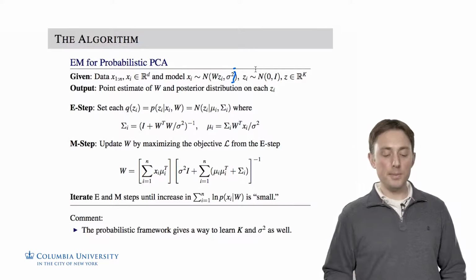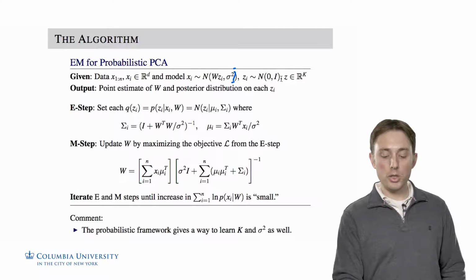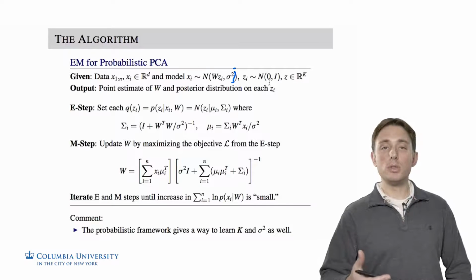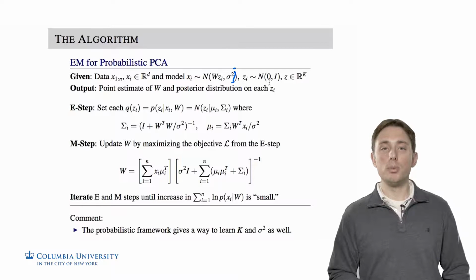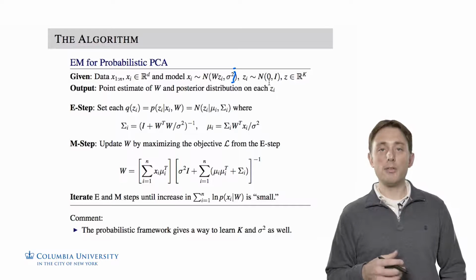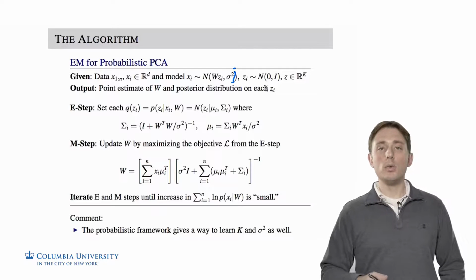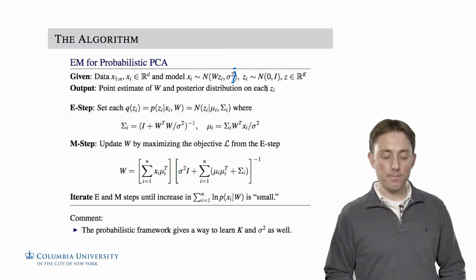What we're going to output is a point estimate of W that maximizes the marginal likelihood, and also a conditional posterior distribution of each Zi, which gives us our posterior belief about what the low dimensional embedding should be. So we don't just get a low dimensional embedding for each point xi in the Q of Zi, we also get some distribution on that embedding.